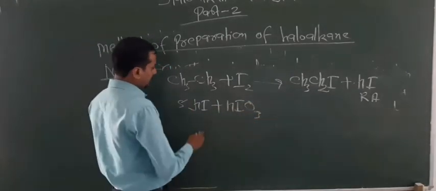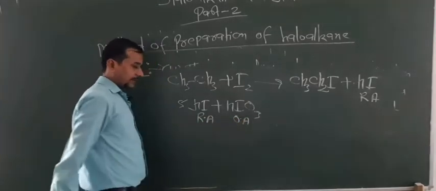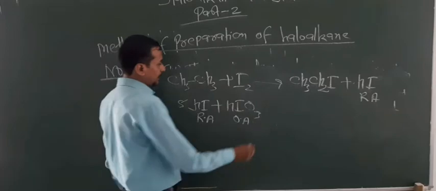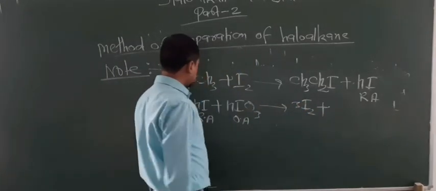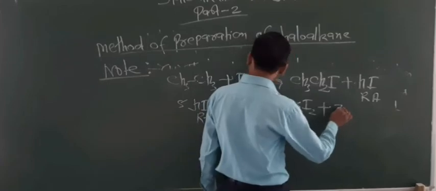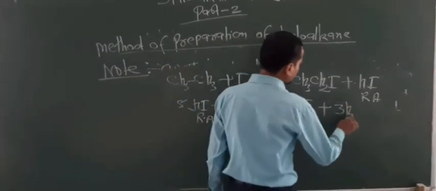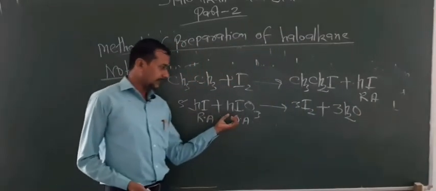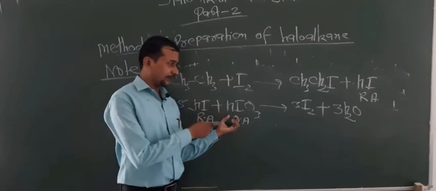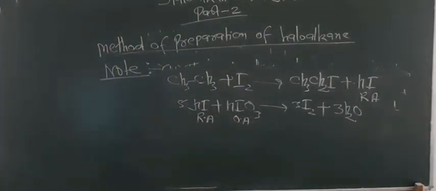Now this is the reducing agent and this is the oxidizing agent. It will convert HI into I2. So that's why the reaction moves forward to the product. So look at the conditions: in presence of oxidizing agents, only this reaction is possible. Otherwise, it is more difficult. Now some more noteworthy points.